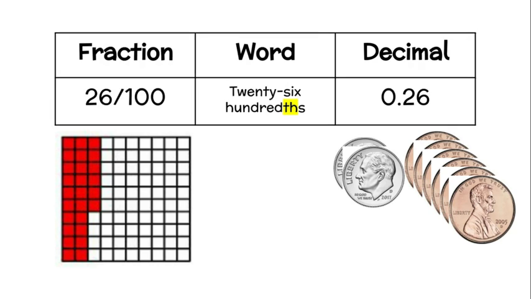So our fraction is 26/100. We write the word 26/100 with a th after the word hundred. And for our decimal, we have a 0, then the decimal point, and then 26 for 26/100. Go ahead and write that down and press play when you're done.